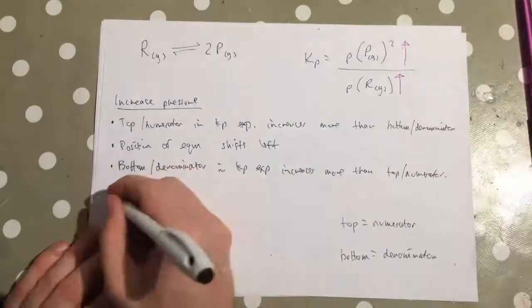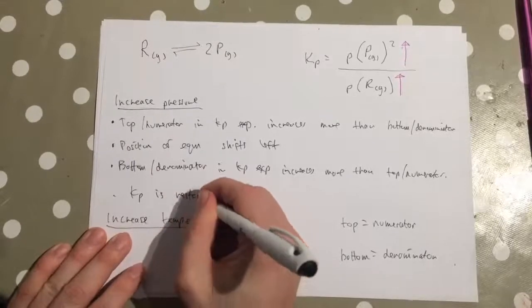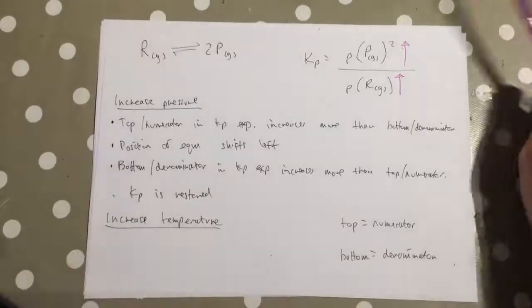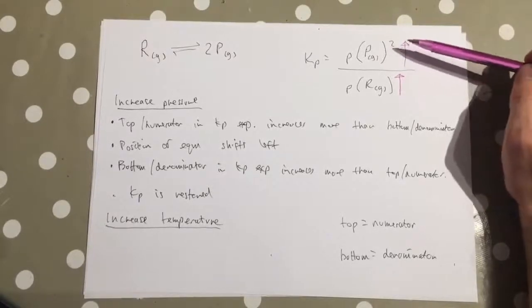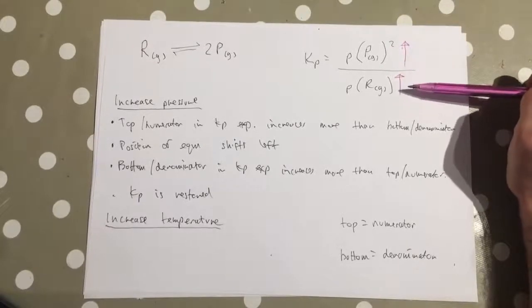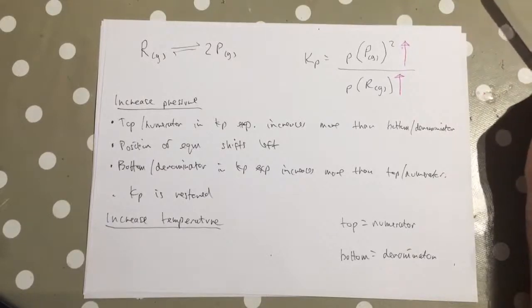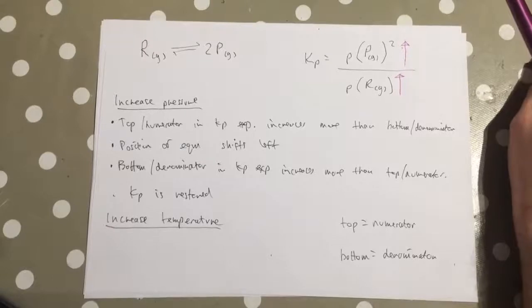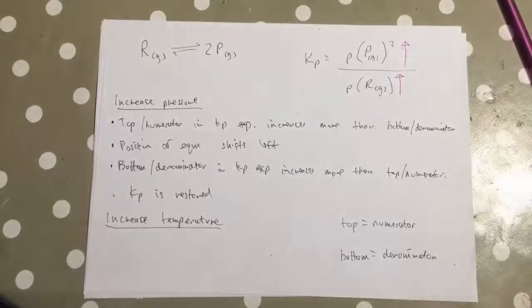And so Kp will be restored. You've increased your top partial pressure, or your numerator, but you've also increased the denominator as well. So by the time equilibrium has been re-established, Kp will be the same as before because you've just increased the top and the bottom in a proportional way.